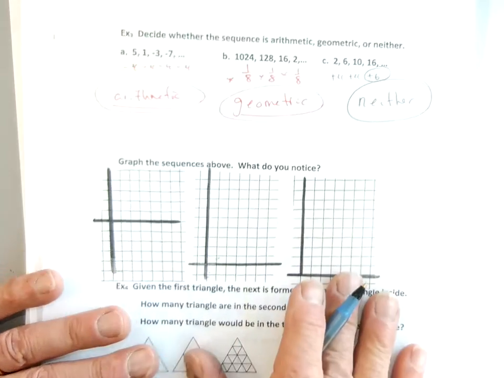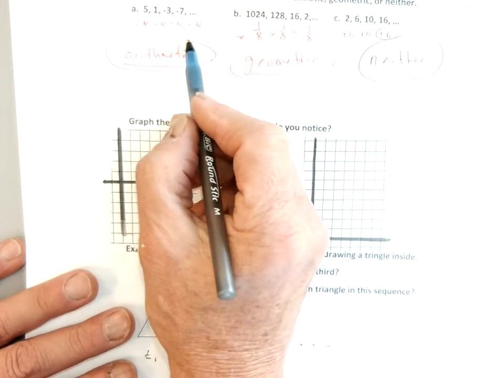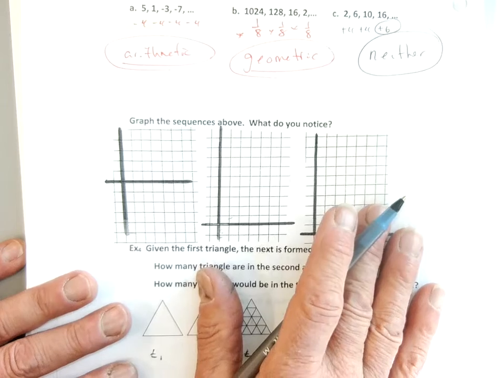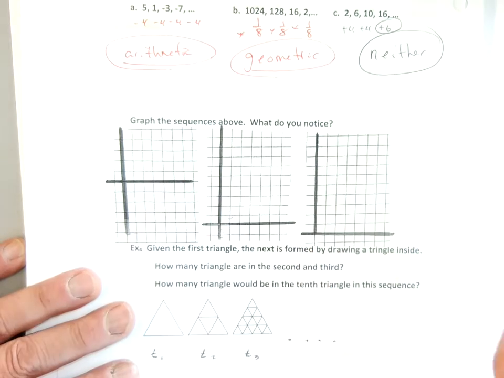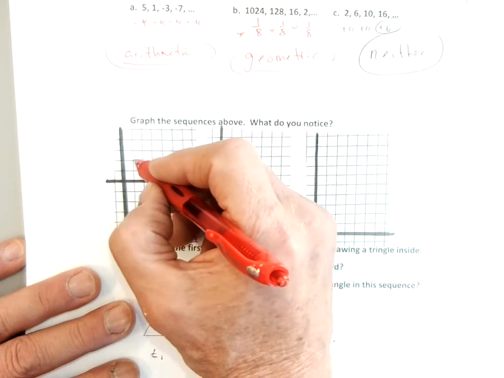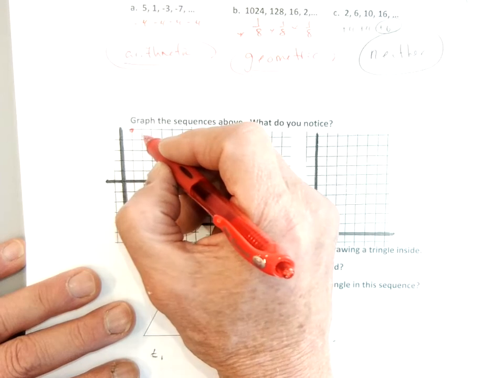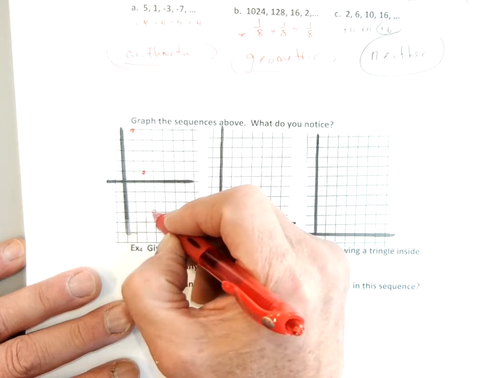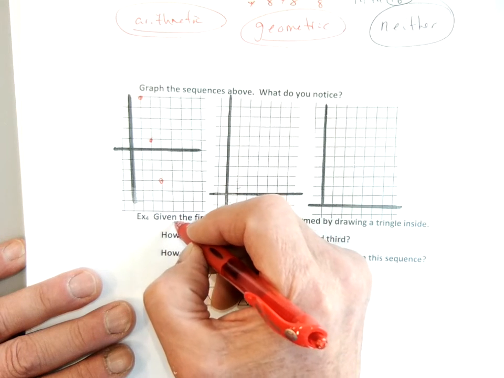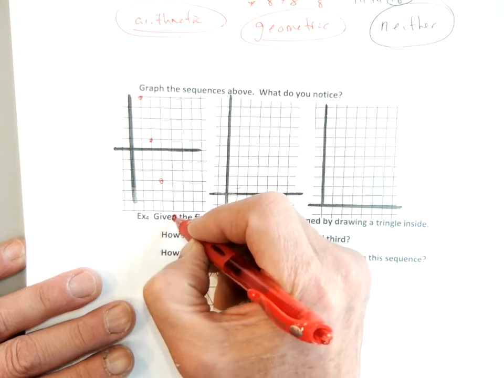Okay. So graph the sequences above. All right, let's see if I can do this. I'm going to go 5 is my first term, 1, negative 3, negative 7.